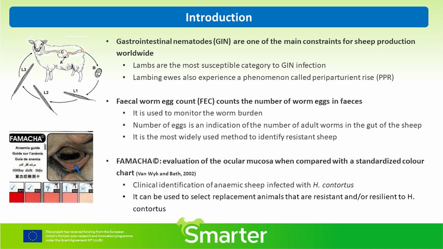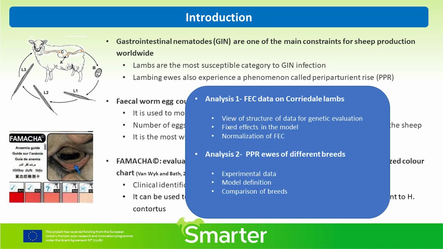Both are also potentially used for genetic improvement to increase resistance. FEC is the one that is basically used in most of the genetic evaluations. Based on these two traits, we have two examples, two analyses. One is FEC data on Corriedale lambs, with the idea of checking the structure of data.